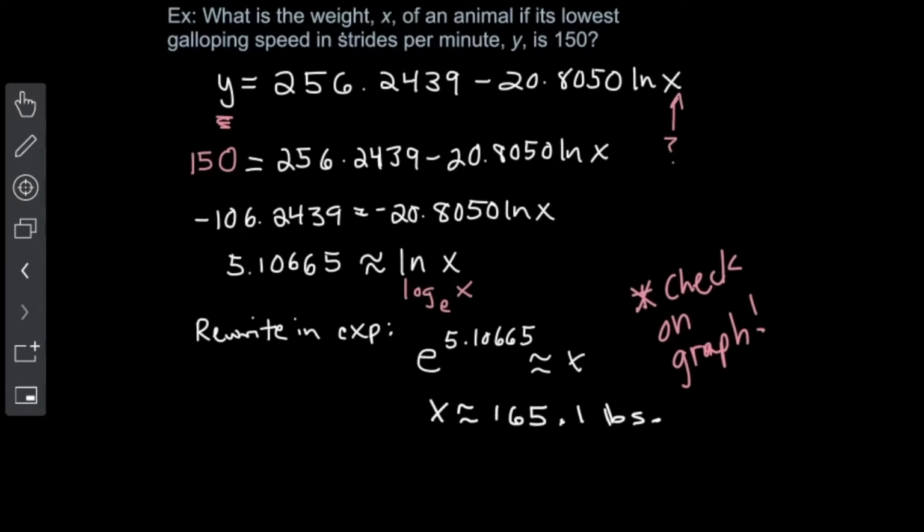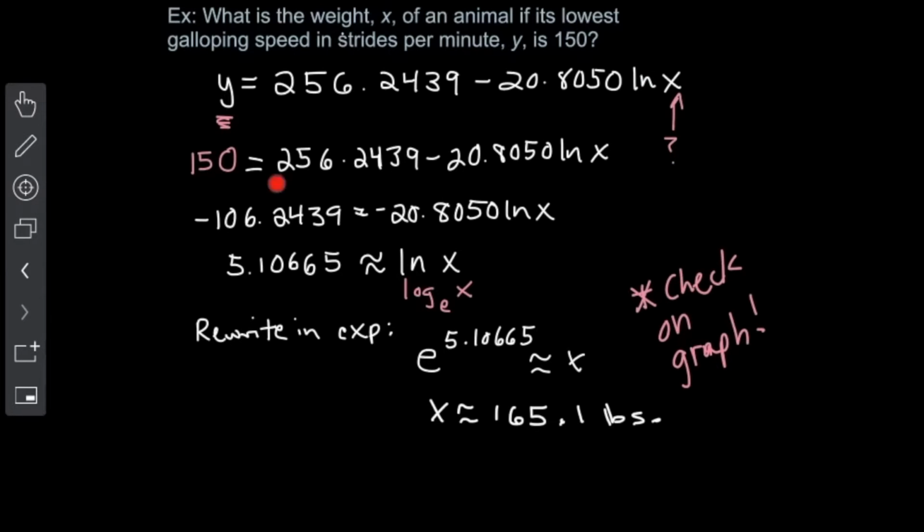So what we're going to do is work through this problem algebraically, and you guys know how to solve these steps already. So we're going to plug in our y, which we do know right here, as 150. That's our speed. And we want to find out what is the weight.